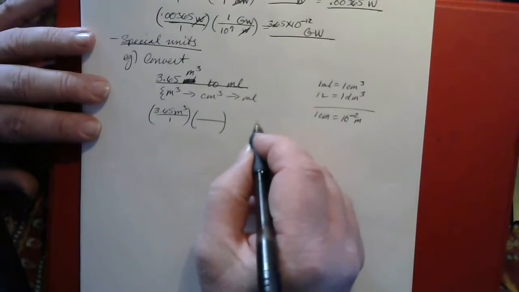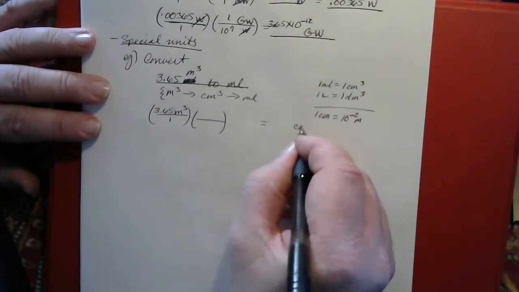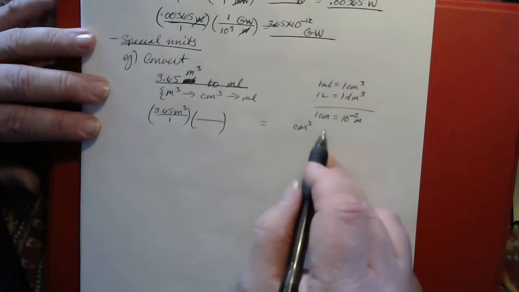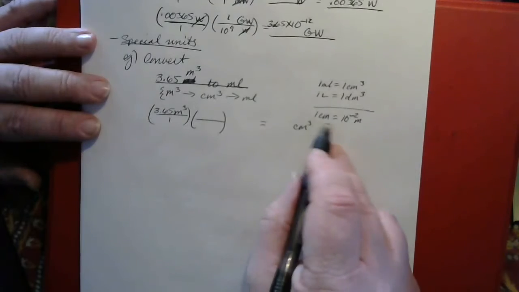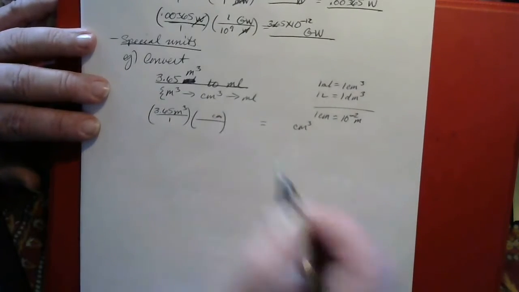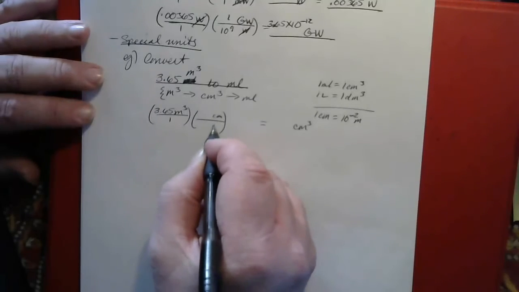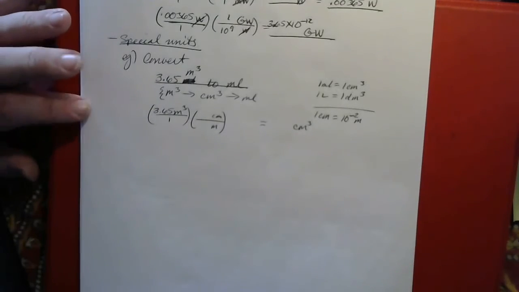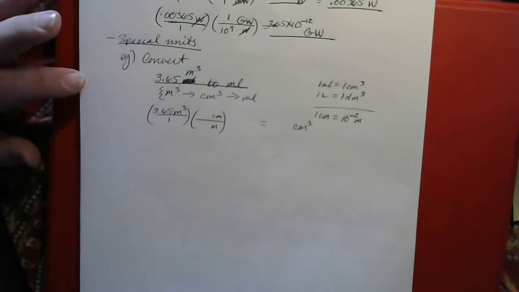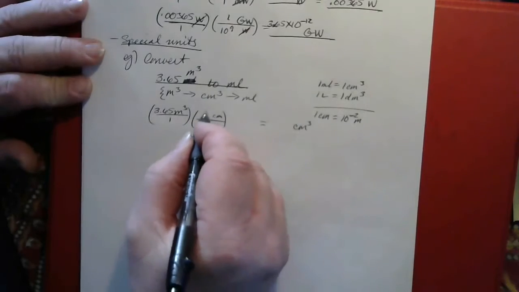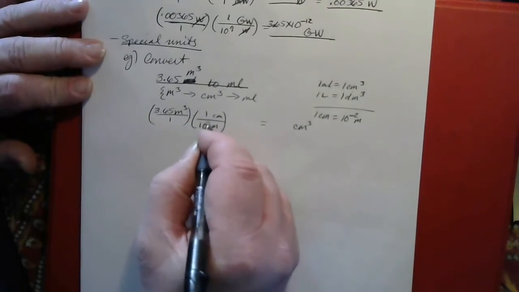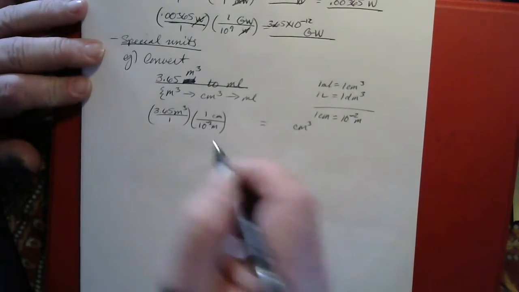And so if we want to end up with centimeters to the third power, we should at least have centimeters on top of the conversion factor. And if we want to get rid of meters to the third power, then we're probably going to need meters in the denominator. And the relationship between centimeters and meters is 1 centimeter for every 10 to the minus 2 meters.